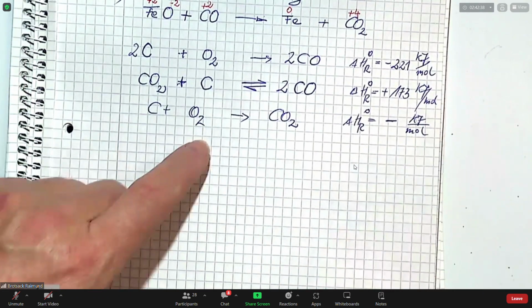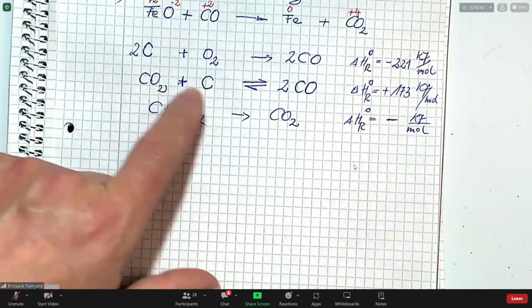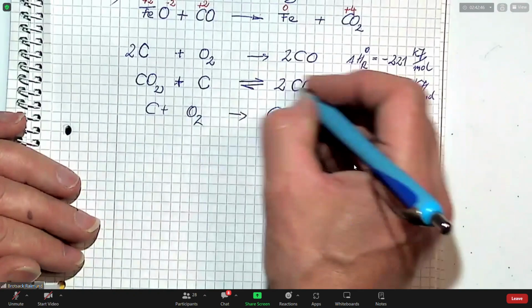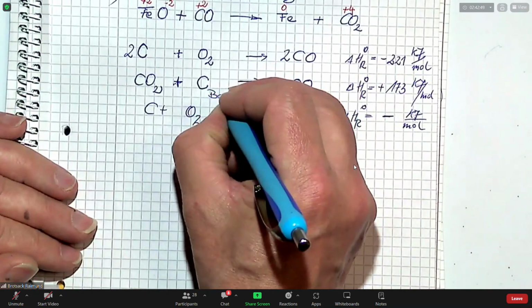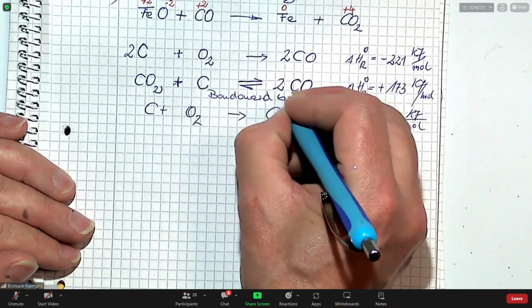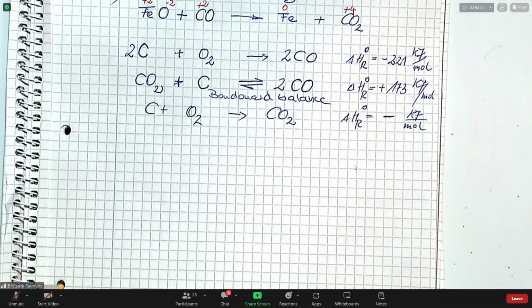So partially total oxidation, that's a partial oxidation, and that reaction is called the Boudouard balance. This was found by Mr. Boudouard, and this is an important balance in the steel industry.